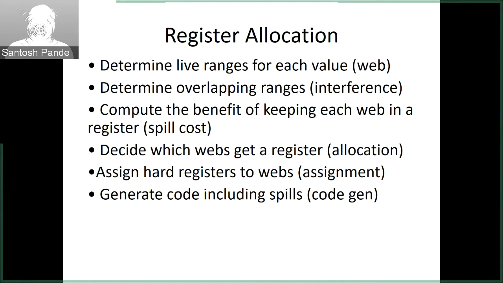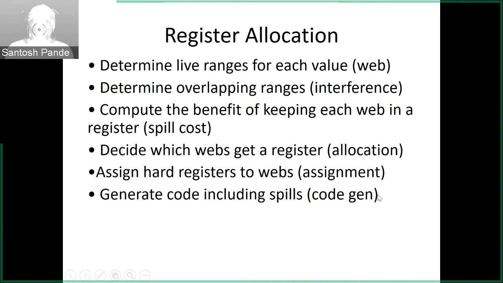And the second important thing is that the values in the persistent registers are not to be disturbed through the live range, so they will not be overwritten. The code generator will take care of those issues. So this is how the overall register allocation and code generation framework works.